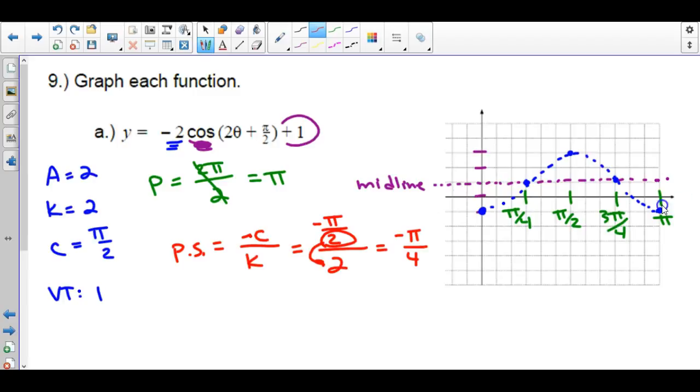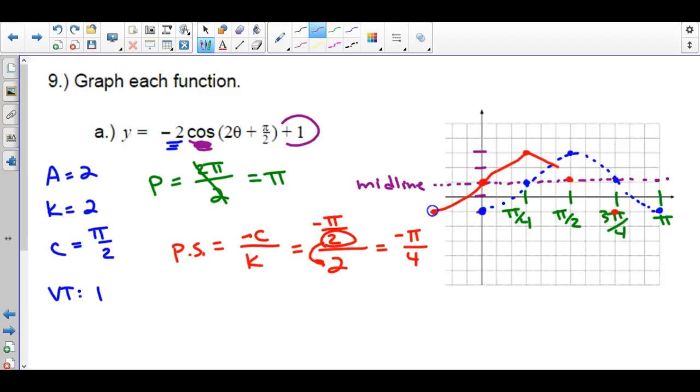So what that means I'm going to do is take each of these 5 points and just shift them to the left an entire pi over 4. Since we were counting by pi over 4s, this is really easy because that means this distance where my cursor is highlighting is pi over 4, and we're just shifting every point to the left pi over 4. So I'm taking each of my coordinates and just moving them to the left, and then I can draw in this wave.